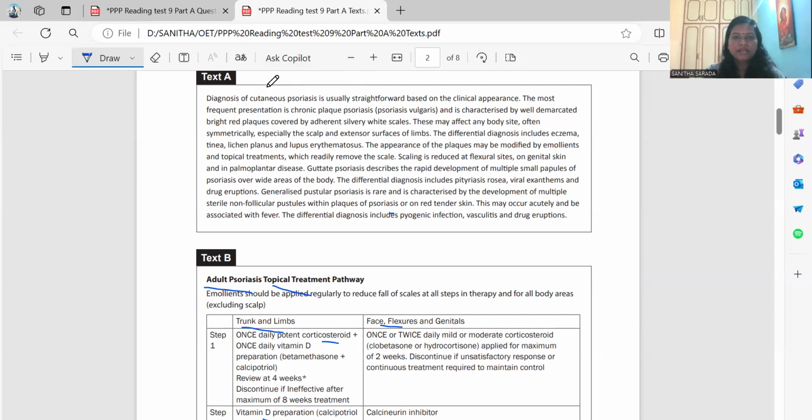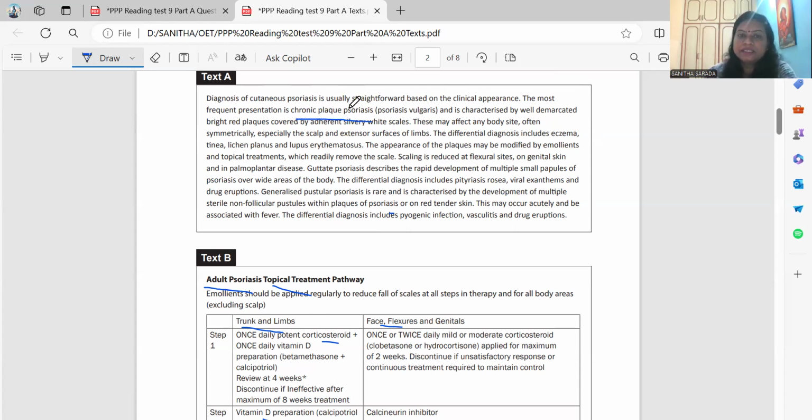Chronic plaque psoriasis, here the first one is chronic plaque psoriasis.